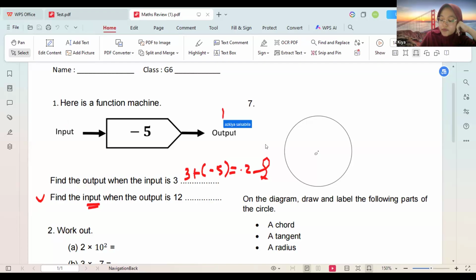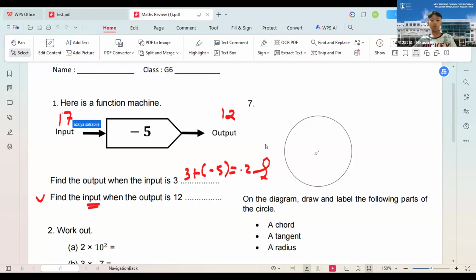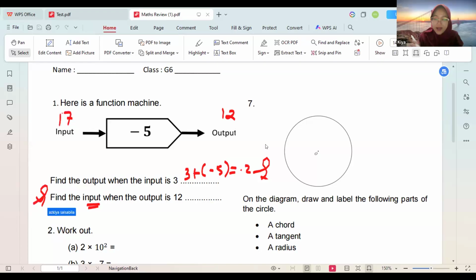Okay, output is 12. Do you want some clue? Already know. Okay. 17. Why? Because 17 minus 5 is 12. Okay, perfect, Jay. So tomorrow if you do the task, please read the question carefully.